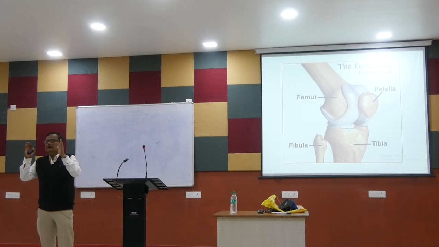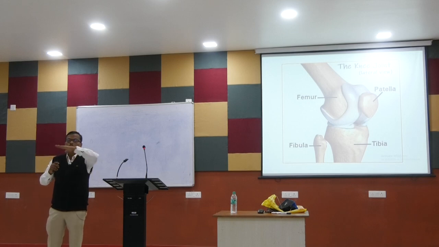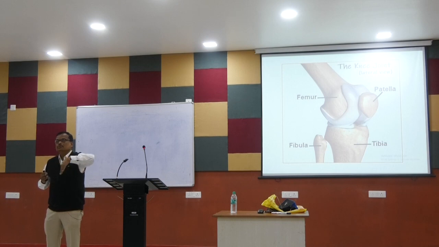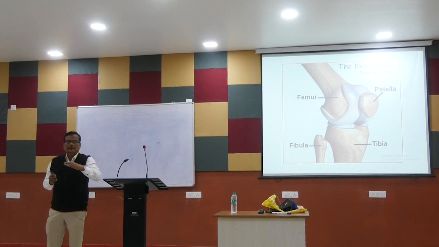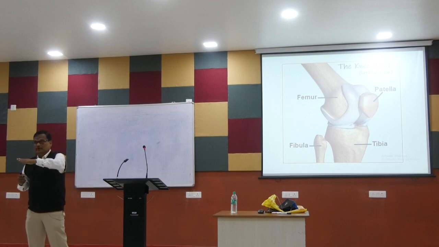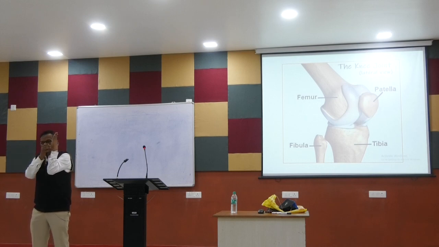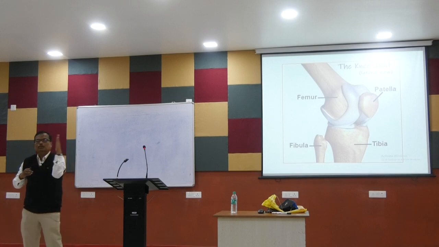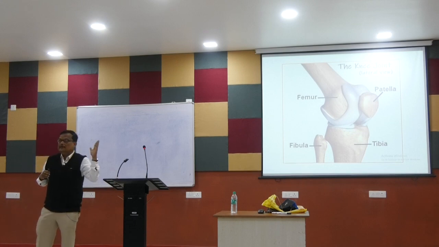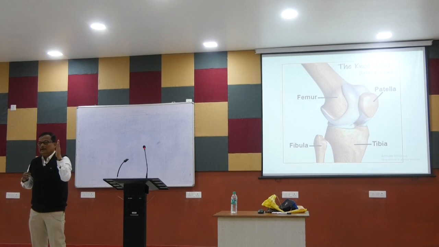Normally in a typical hinge joint, one axis and 2 movements, flexion and extension, the axis is transverse. But in a hinge joint like a door, the axis is fixed. The main axis in which the movements occur is not moving. But in the knee joint, number 1, the axis also moves during the movement.